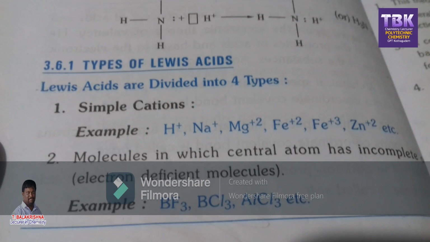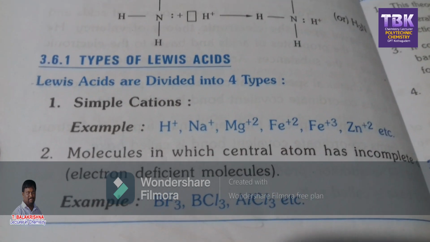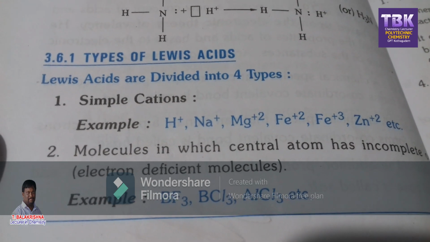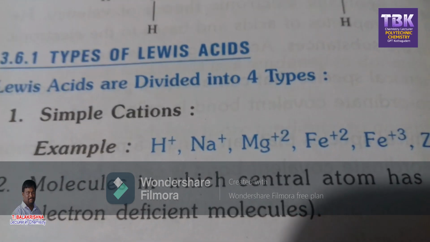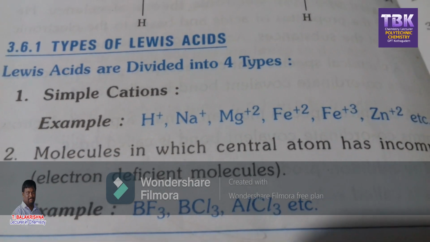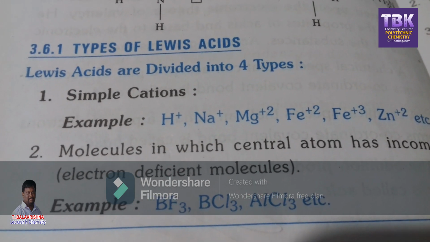They are ready to accept the pair of electrons. So whichever ions or molecules are ready to accept the pair of electrons act as a Lewis acid. All the simple cations like H plus, Na plus, Mg plus 2, Fe plus 2, Fe plus 3 act as Lewis acids.